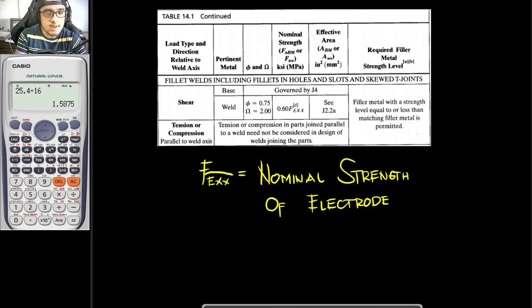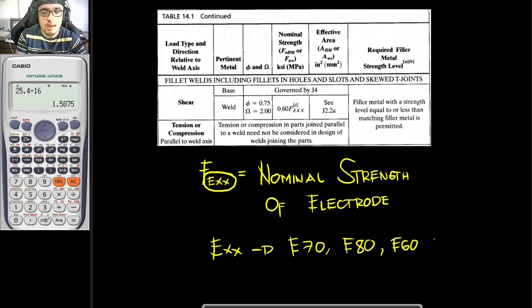And this EXX right here is the label of your electrode. So EXX is sometimes E70, E80, let's say E60, and etc. And what does this indicate?